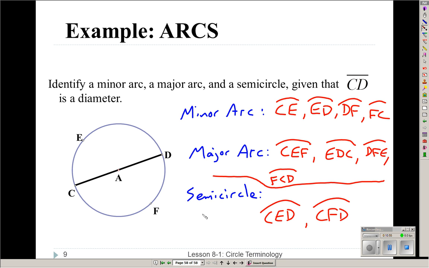You wouldn't call a semicircle arc CD, because from C to D, how do I know if I'm going the top way or the bottom way? You don't. That's why you have to give it that third point. So minor arcs can be named with 2 points, but major arcs and semicircles have to have the 3 points.